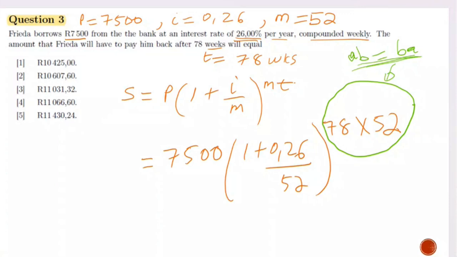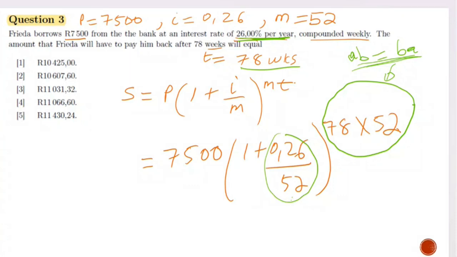Here our time is already converted in weeks, guys. The only thing that was per year here was only a rate. So the rate has been taken care of. We are done with the rate. This one has already been done for us, so we don't really need to be stressing ourselves.